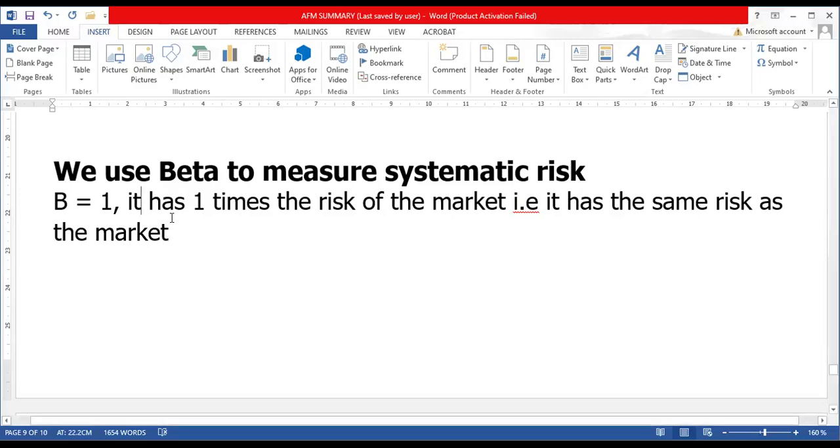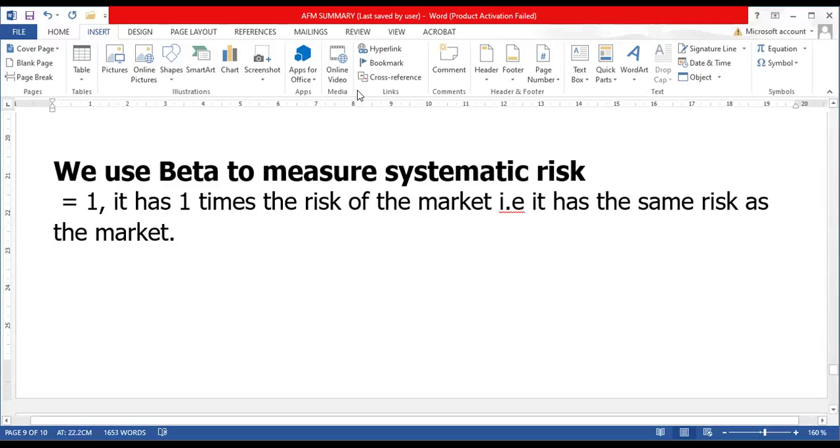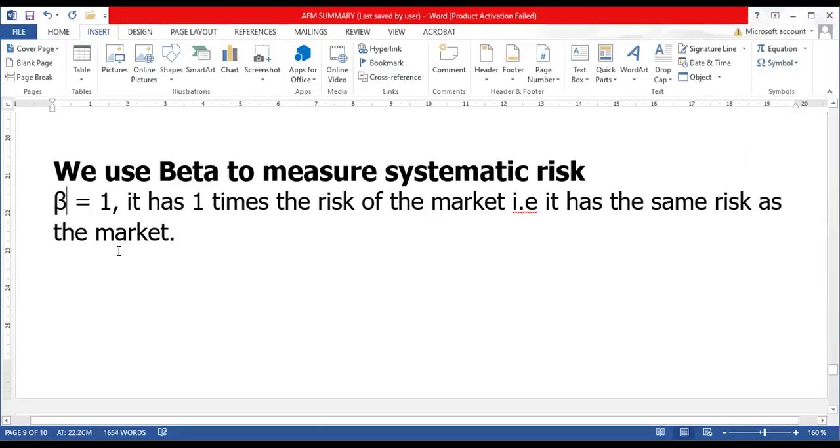That's what we mean. Then, if this beta is greater than 1, what does this mean?